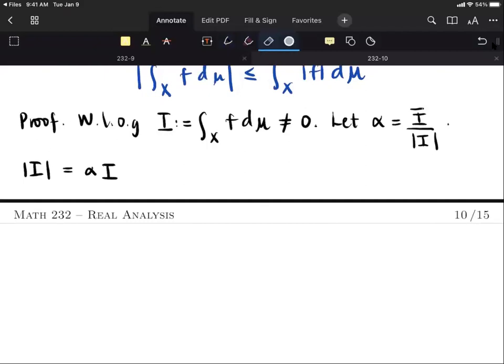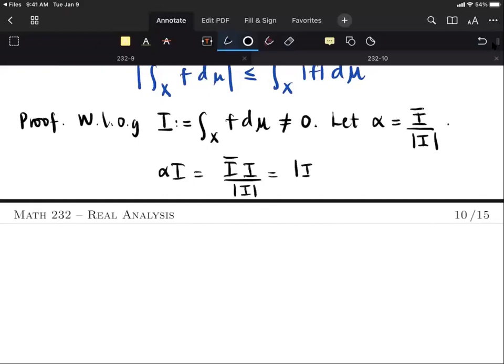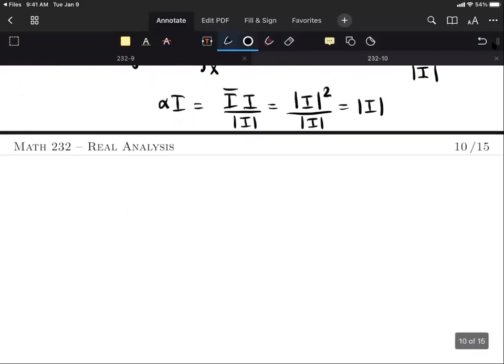Okay, so let us write that down. So take note that alpha I is equal to I bar times I divided by the modulus, but then the numerator is the modulus squared. So you end up with the magnitude of I.